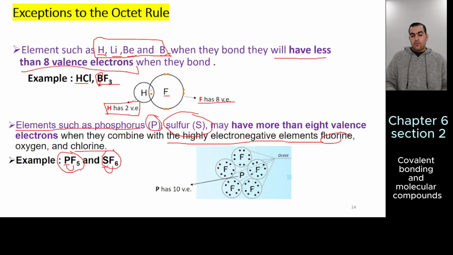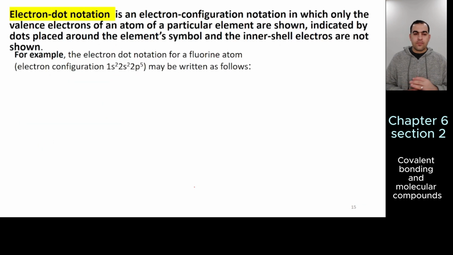For phosphorus pentafluoride, each fluorine has an octet of electrons. What about phosphorus? 2, 4, 6, 8, 10. Phosphorus has 10 valence electrons. That's it. These are exceptions to the octet rule.